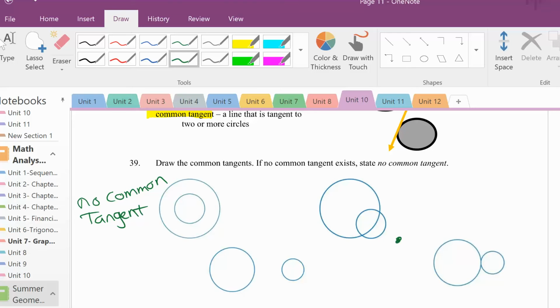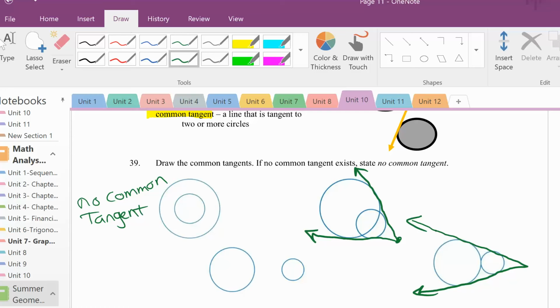You could start it out here, like that, and like that. There's some common tangents. You can draw common tangents like that.